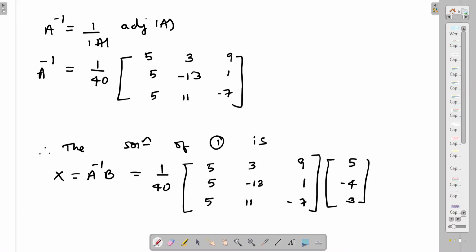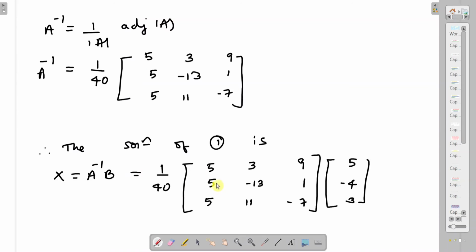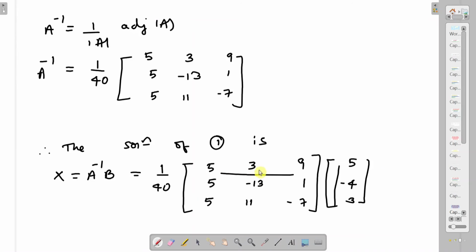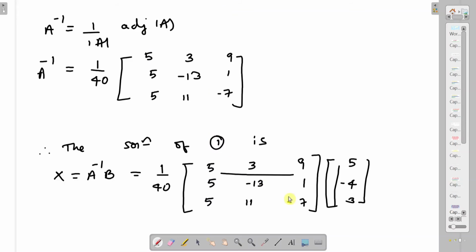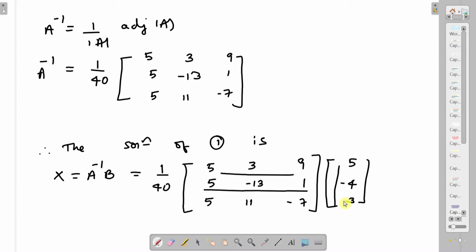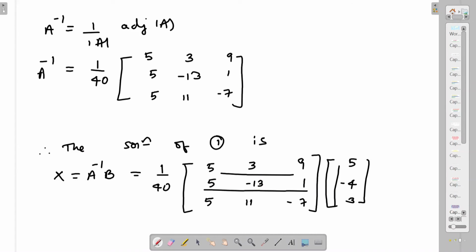Okay, so let us see. X is equal to 1 by 40. Now we have to multiply the matrices. So first row with this column, 5 5s are 25. Okay, then 3 times minus 4 is minus 12, and 9 times 3 is plus 27. Okay, then second row, this column, 5 times 5 is 25, minus 13 times 4 is what?